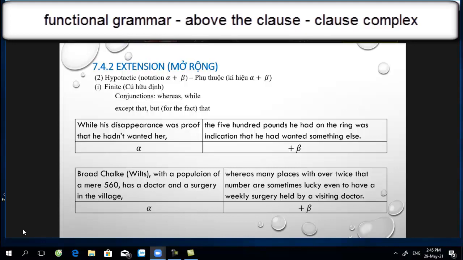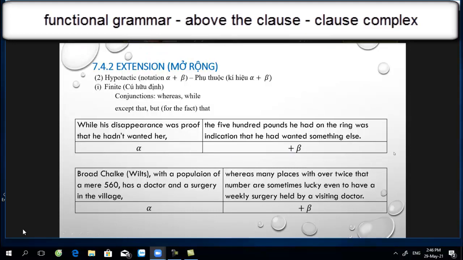Rothschild Wales, with a population of a mere 560, has a doctor and a surgery in the village, whereas many places in the other twice that number are sometimes lucky even to have a surgery held by a visiting doctor. Okay, thank you, Miss Mee. And I have to remind you that in a hypotactic, we use the alpha and beta and the plus.